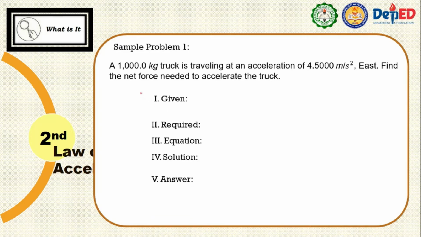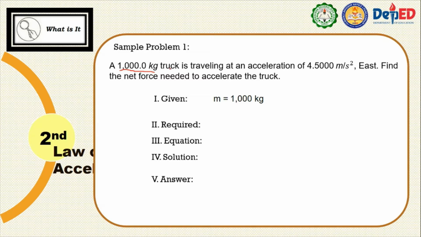So, the first step is identify the given. Dito sa problem, we have 1,000 kilograms. You have to put 1,000 kilograms. Kapag ang unit ay kilogram, that is pertaining to the mass of an object.